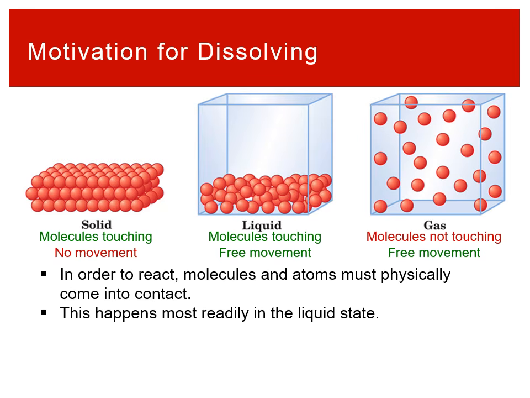In the gas phase, your molecules are freely moving, but they don't touch each other. In the liquid phase, you have molecules that are touching each other and they can freely move around, meaning your different reactant molecules can come into contact with each other. So reactions happen the quickest, most readily in the liquid phase. And so we generally dissolve things in water or liquids in general to perform chemistry.